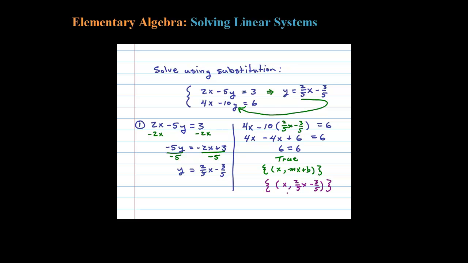Okay, so infinitely many ordered pair solutions where x is the independent variable. Choose an x value, plug it in, and you'll get a point that solves the original system. Okay, so this is called a dependent system, infinitely many solutions, and here they are in set notation.